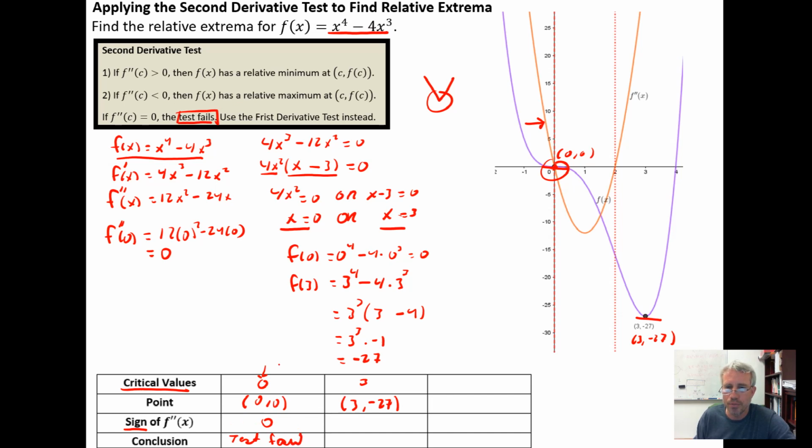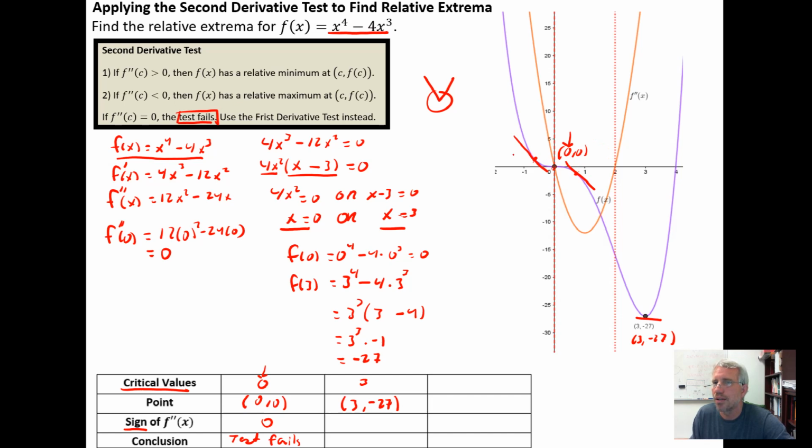To determine whether we had a local min or max there, we would need to use the first derivative test from the last homework assignment. I'm not going to do that, but if we talk through it, we can see what would happen. The first derivative test says to find the sign of the first derivative to the left of the critical number and to the right of the critical number.